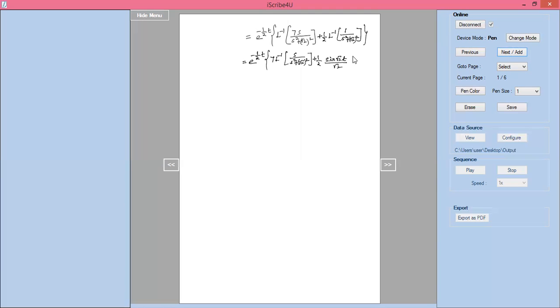Now, next one should be e power minus 1 by 2t into 7 into L inverse of s by s square plus root 2 square, which is cos root 2t, plus 1 by 2 into sine root 2t divided by root 2.